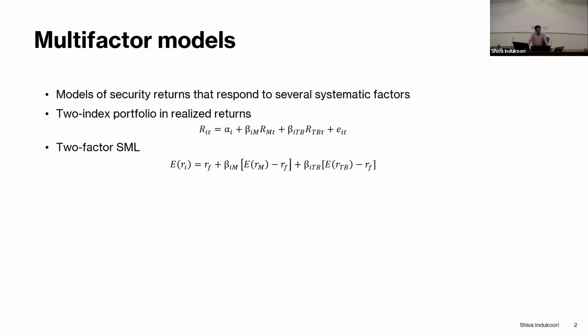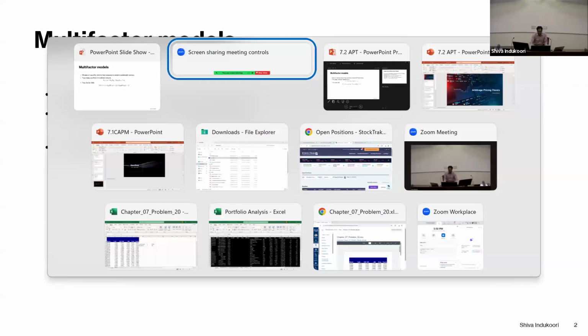So multi-factor models, to start with. If you remember when I gave you the data, I gave you risk-free return for 60 months, 5 years, and that is not the same.